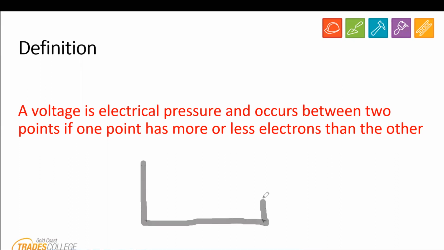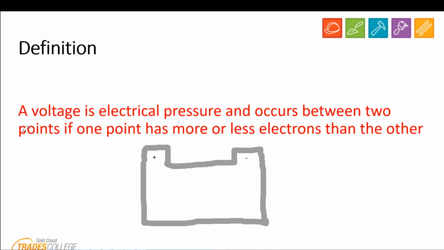If we have an example of a car battery, like I said, I'm not the best drawer, especially on something like this. We have our 2 terminals there, our positive and our negative. The dots that I'm going to draw are electrons.